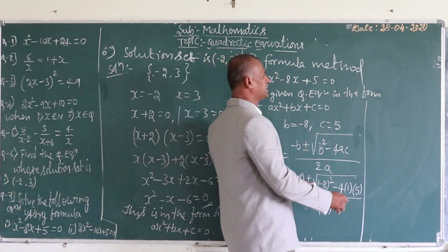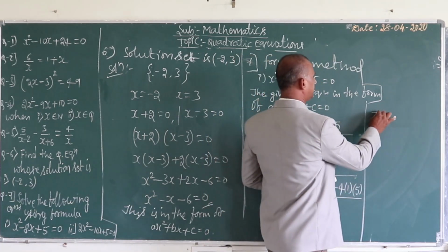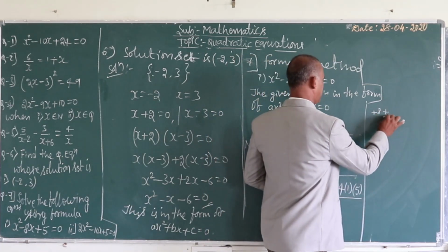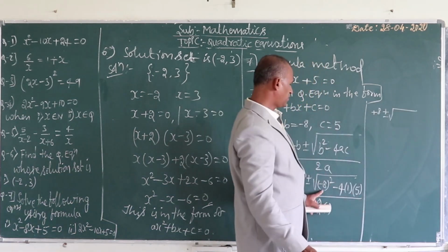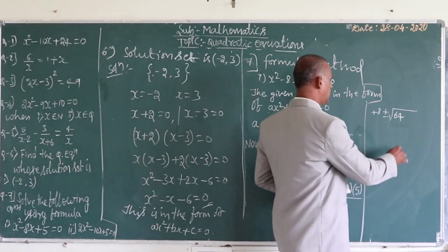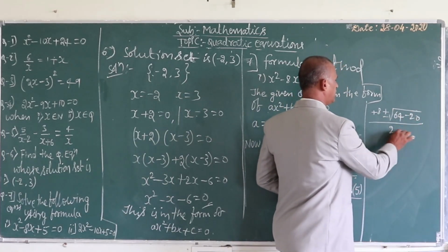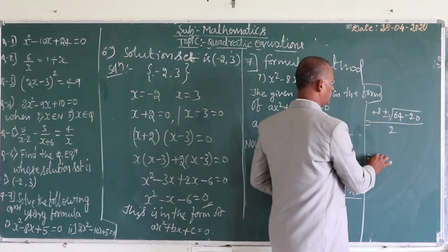Now minus into minus is plus. 8 plus or minus root 8 square means 64, minus 5 4s are 20, by 2 1s are 2.